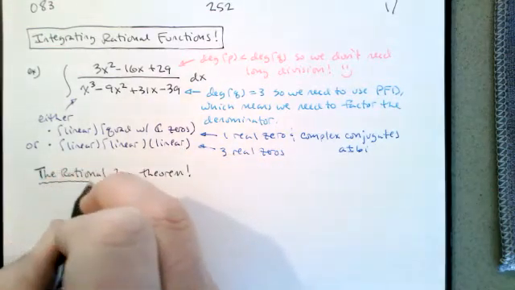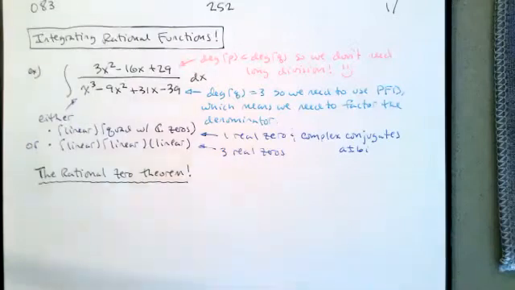So this is a theorem for polynomials. And what this says is that if a polynomial has a rational zero, then that rational zero will have a factor of the constant over a factor of the leading coefficient.